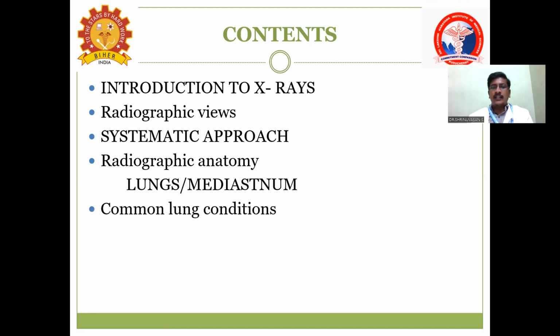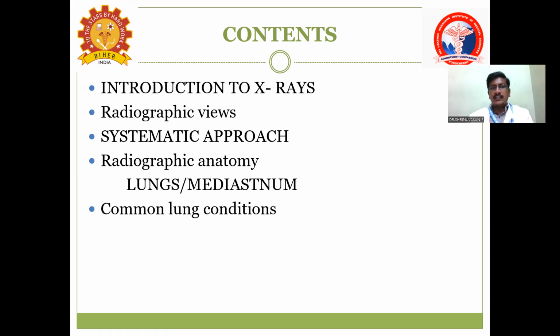He called those unknown rays X-rays. Let us see the basics about X-rays: what type of rays these are, in which electromagnetic spectrum they come, and what their properties are.